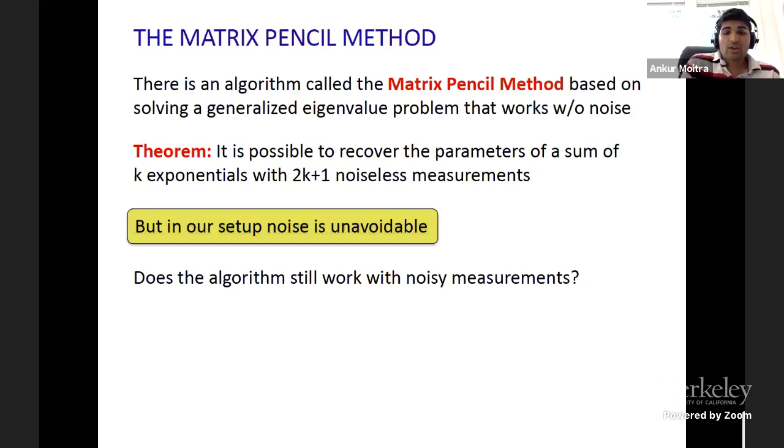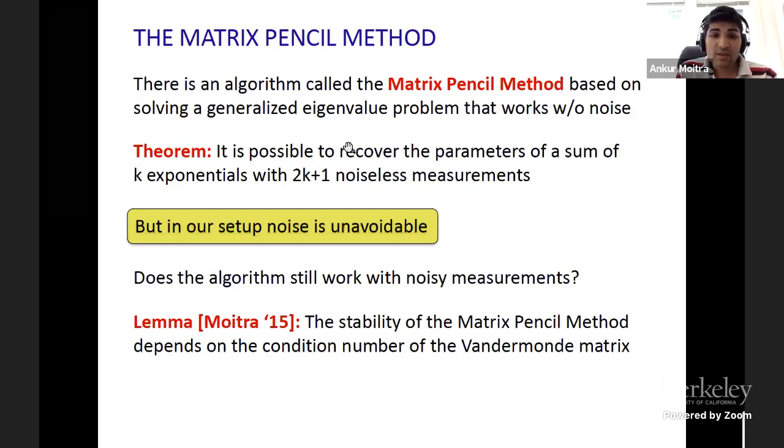Now, you can ask the question, does the matrix pencil method work with noisy measurements? It turns out that it works if and only if this generalized eigenvalue problem is itself somewhat stable. A few years ago, I analyzed it for reasons that I won't get into in this talk. I showed that it's stable if and only if the condition number of that van der Monde matrix is bounded.